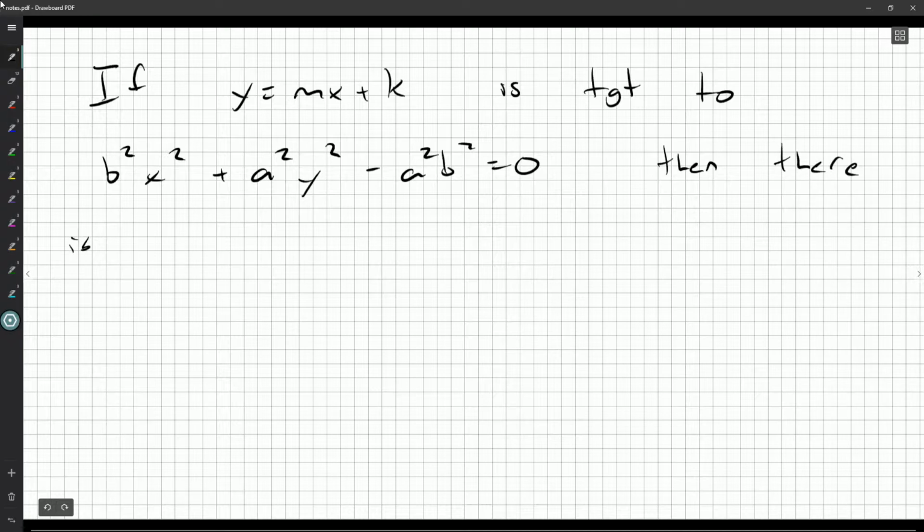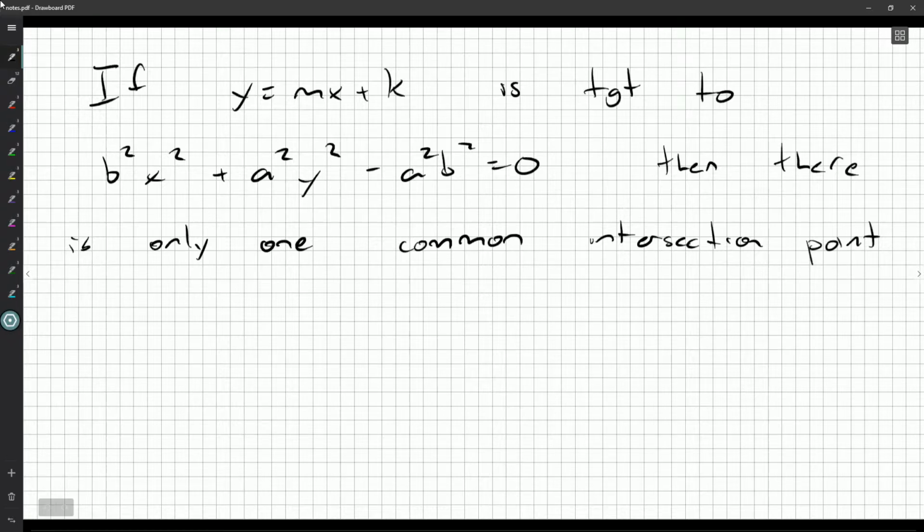So we can see there is only one common intersection point. And just like we did in question 3, we can put it into a quadratic. We can talk about the discriminant. And the discriminant will have to be 0 to have only one solution to a quadratic.